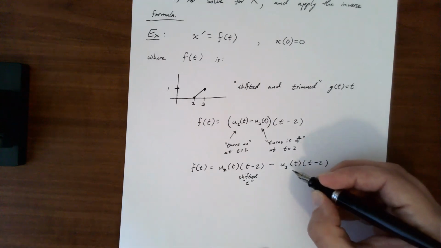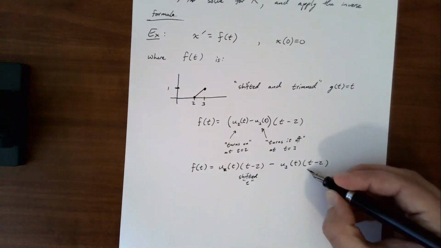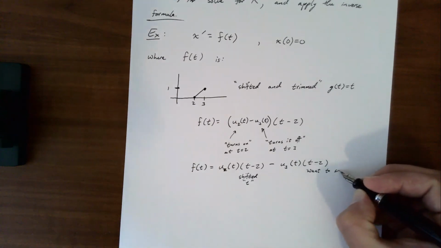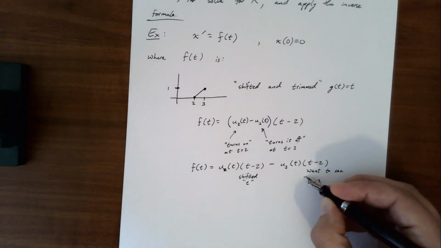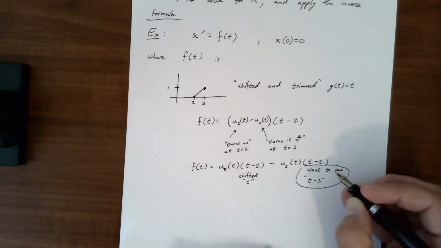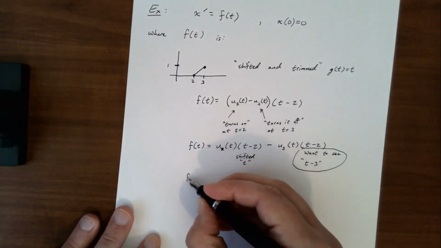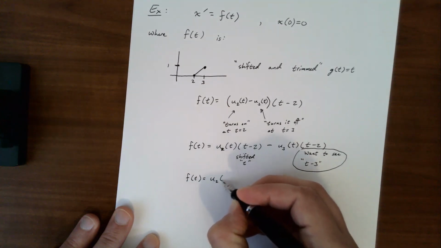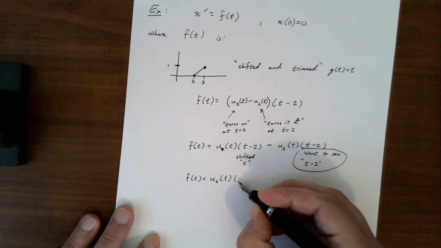This one, however, does not quite fit our format because there's a mismatch here. So we want to see t minus 3 instead of t minus 2. So what you do is you just rewrite it so that you literally can see with your eye a t minus 3. So this term was fine. No objection here.